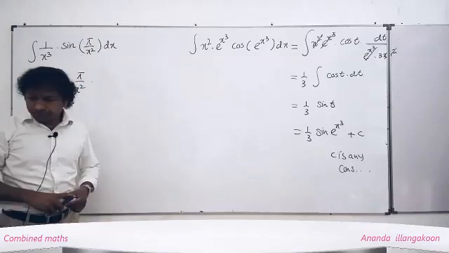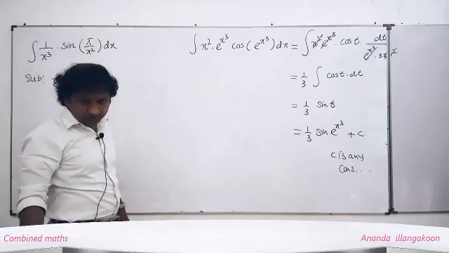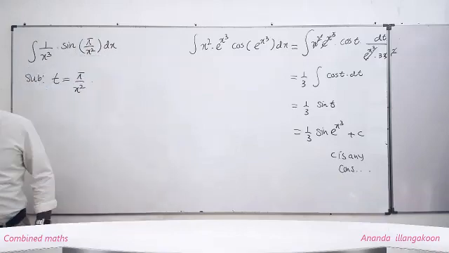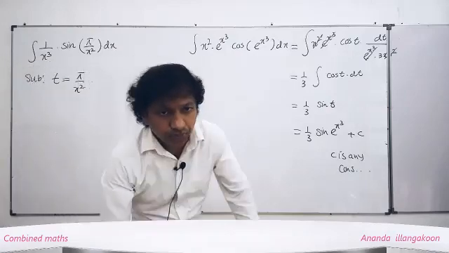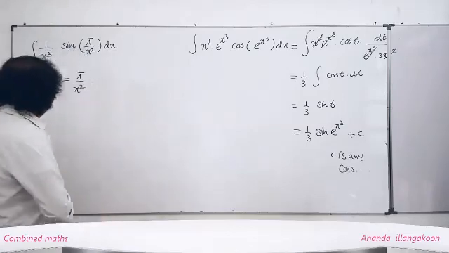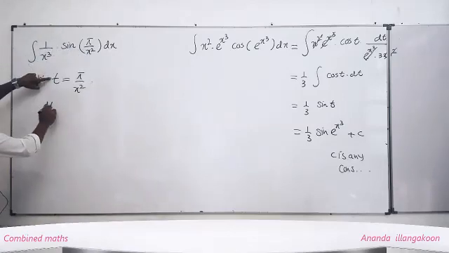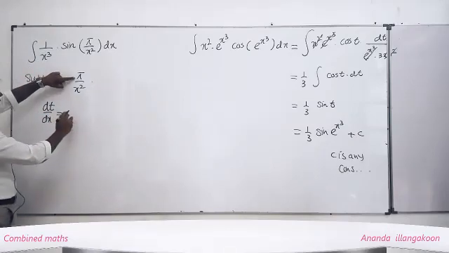Here is this answer. dt upon dx: this pi is a constant.